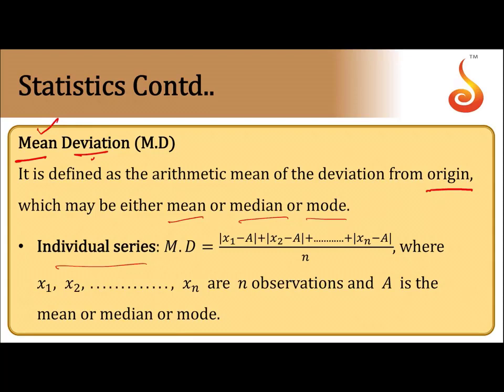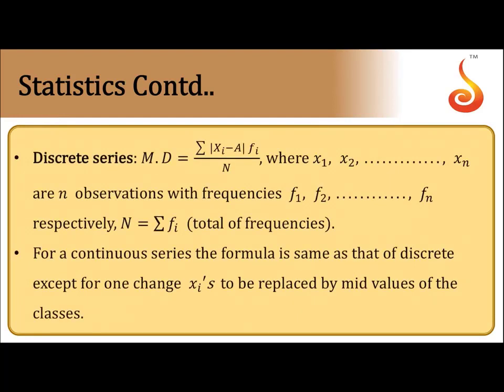For an individual series, the mean deviation is given by, if you are taking the data x1, x2 and so on up to xn, the following expansion. If you are taking the deviations from the arithmetic mean, let us say a, then you will get the formula: sigma of modulus x1 minus a, modulus x2 minus a, and so on up to modulus xn minus a, divided by n.